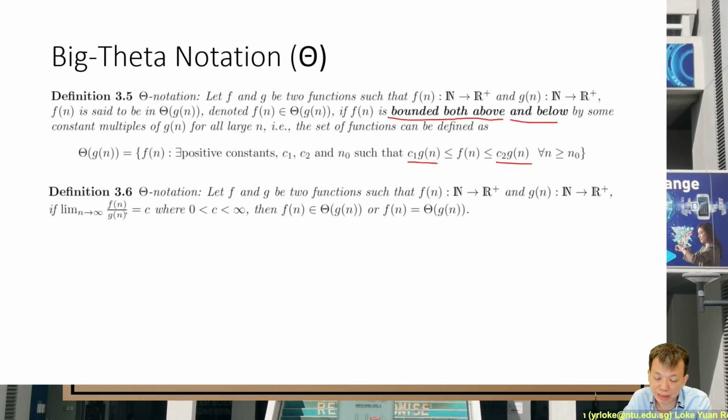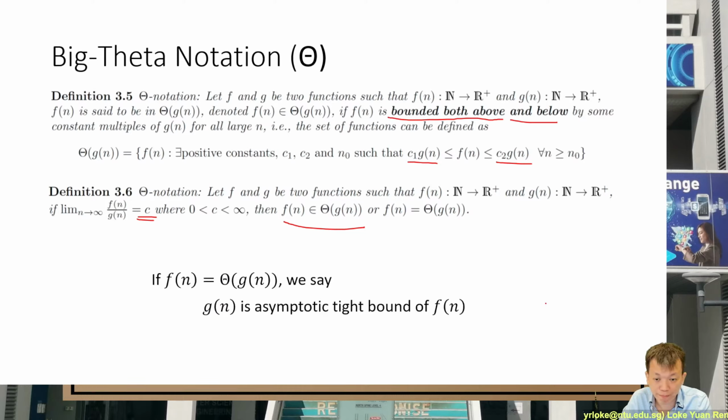That means both must be linear or both must be quadratic. So if you take the ratio and then the limit, it should give you a constant number, greater than 0 but less than infinity. In that case, you can conclude that f(n) is in big theta g(n), and we can say that f(n) equals big theta g(n). That means g(n) is an asymptotic tight bound of f(n).